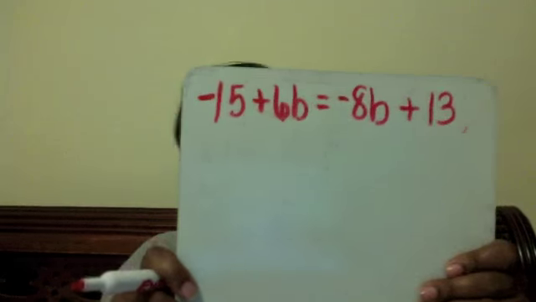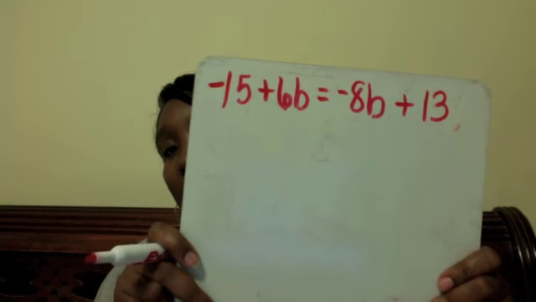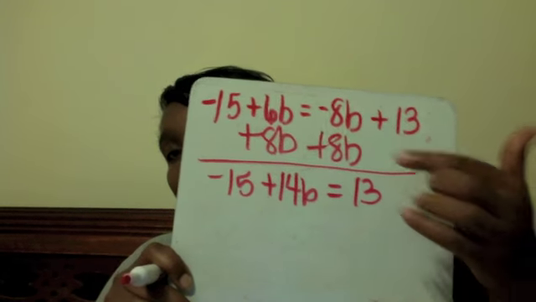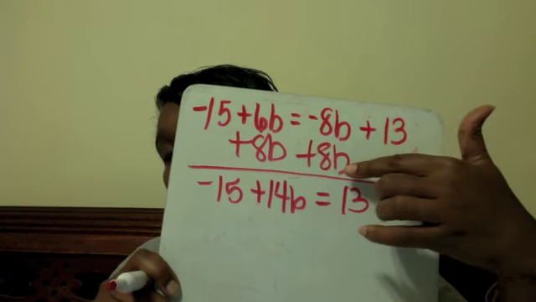Okay, so our next example, all right, I am going to add 8b to both sides. Notice that I'm lining the 8b up with the 6b. The variables, I'm lining those up because they are like terms.